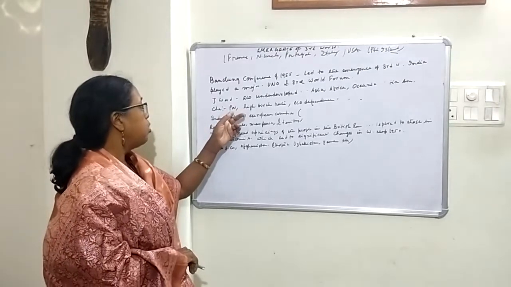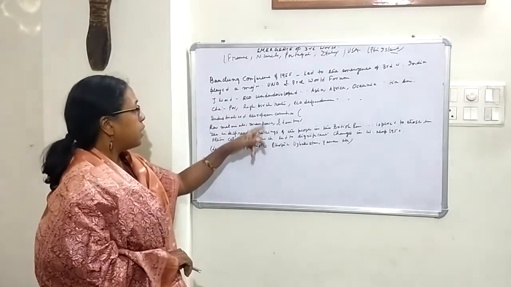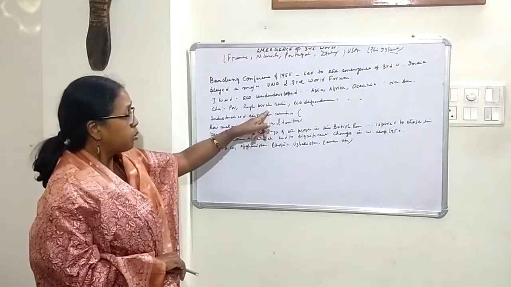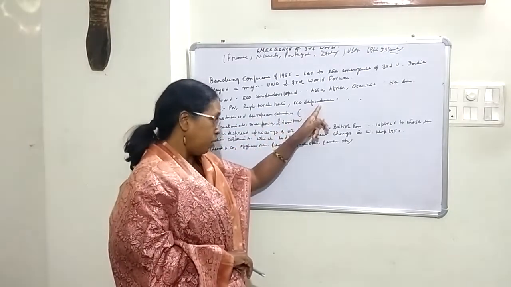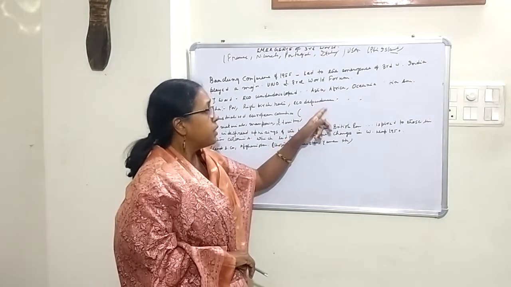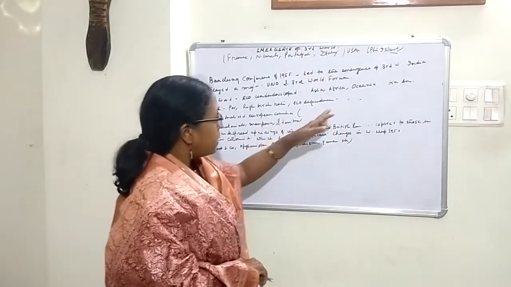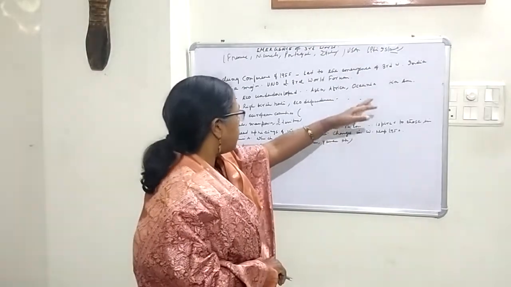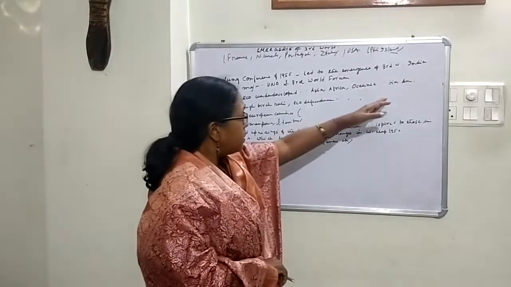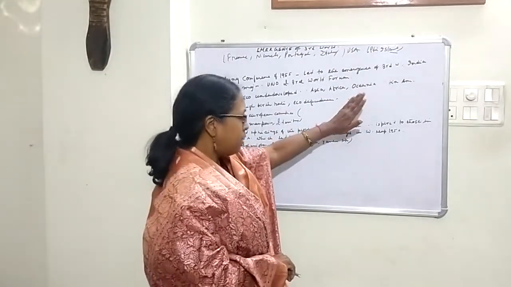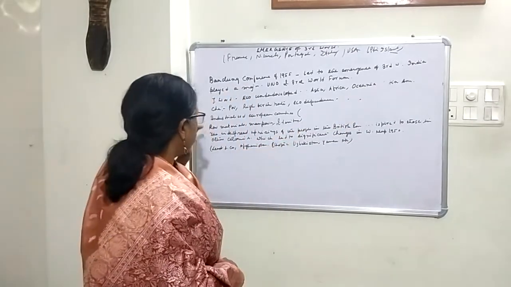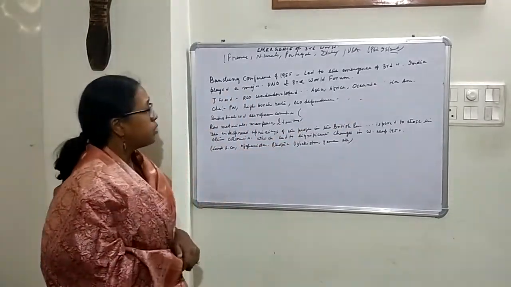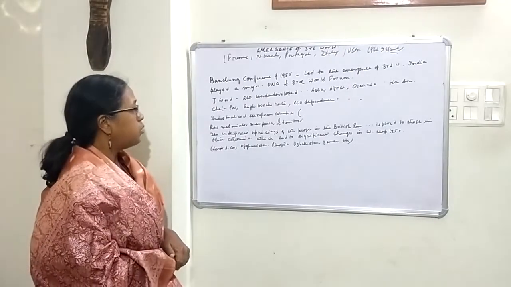For example, poverty, high birth rate, and economic dependence on the developed countries. Mortality rate is also very high, standard of living is very low, and literacy rate is also very low. These are more or less the common characteristics of the third world countries.